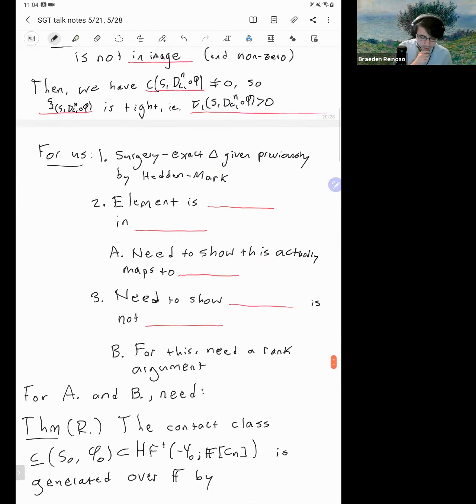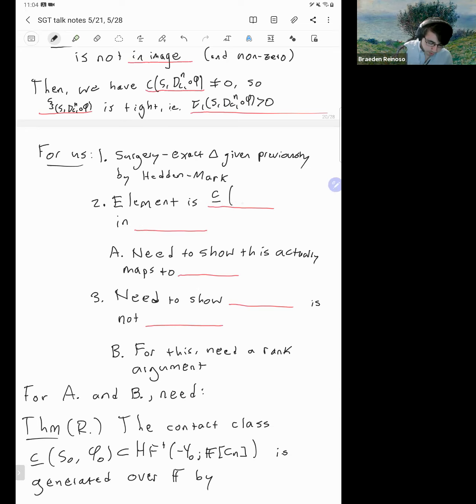So for us, let's start to fill in these steps. As I mentioned before, the surgery exact triangle that we're going to use was already written down by Matt Hedden and Tom Mark. And then the element that we're going to use that maps to the contact invariant that we're interested in is actually some contact invariant with twisted coefficients.